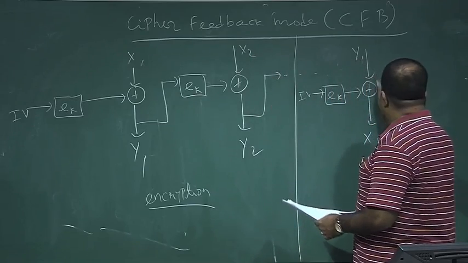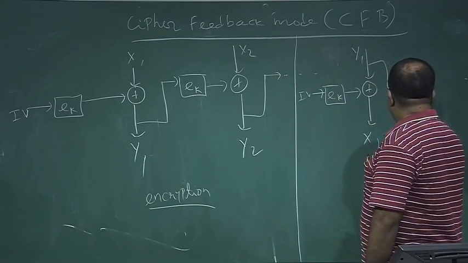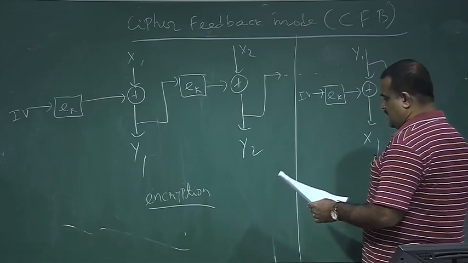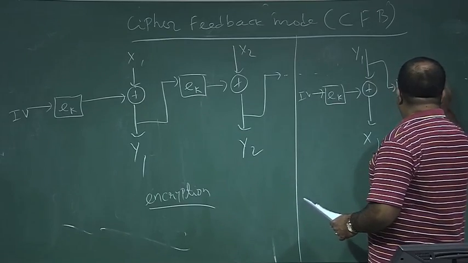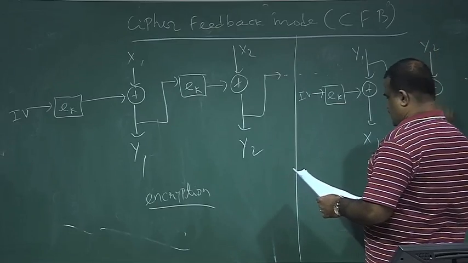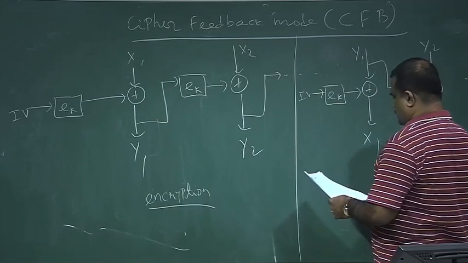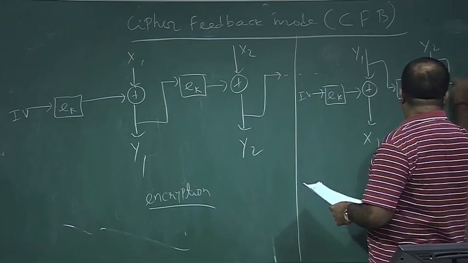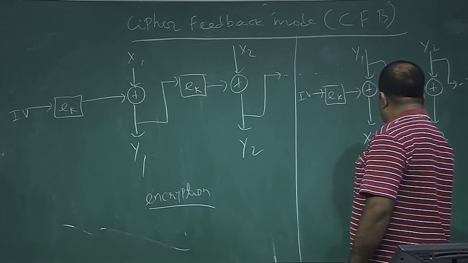So, that is basically we are encrypting this E of k, and then we are XORing this with Y2 and we get back X2. So, this way we continue. So, this is the decryption.